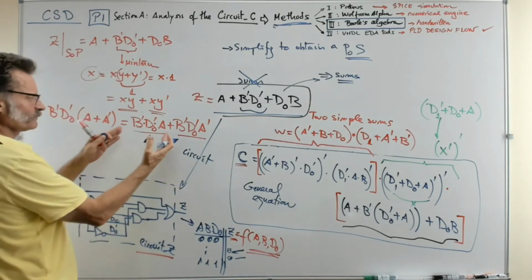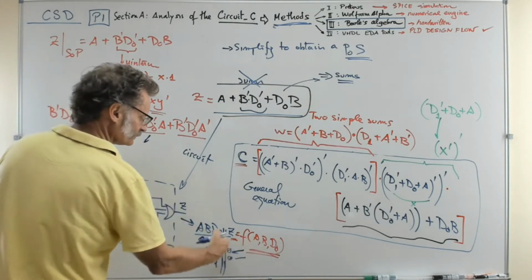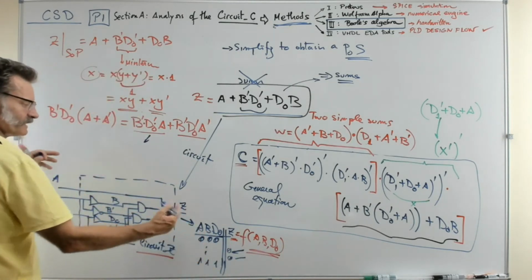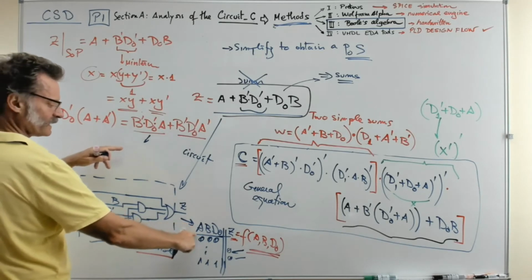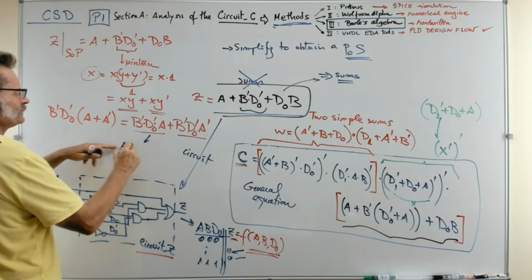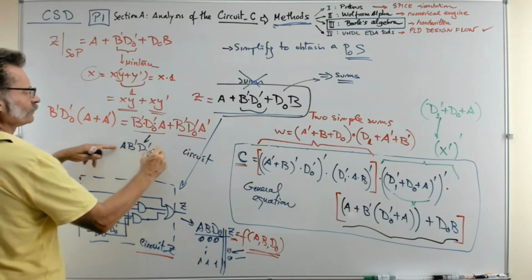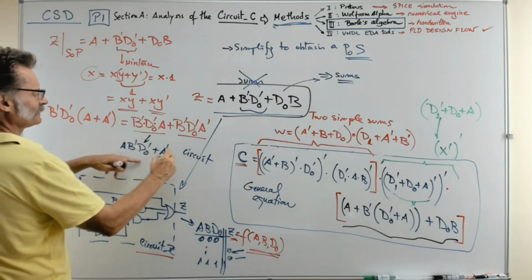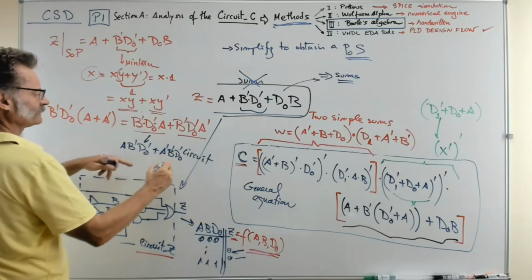So let's convert this into a sum of two minterms. Simply rearrange the variables in the order that you have predicted from the very beginning. It is going to be A, B, D0. So now this is A, B naught, D0 naught, or A naught, B naught, D0 naught. That's better, right?